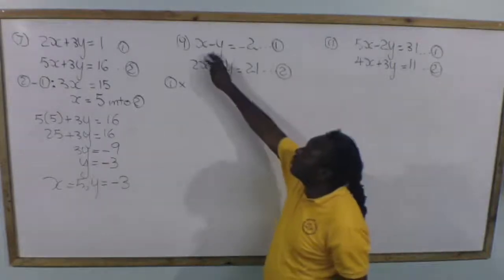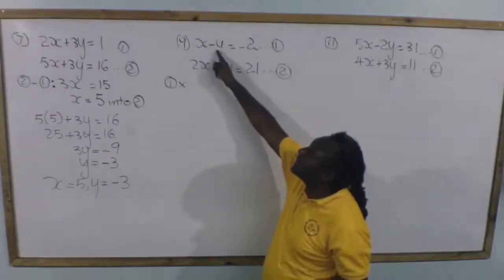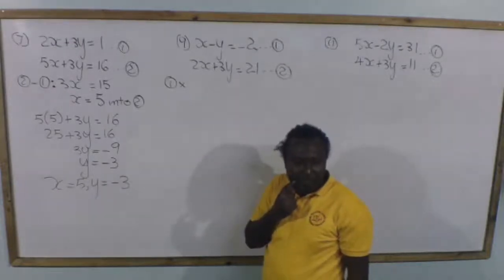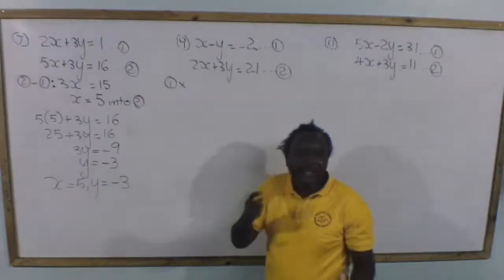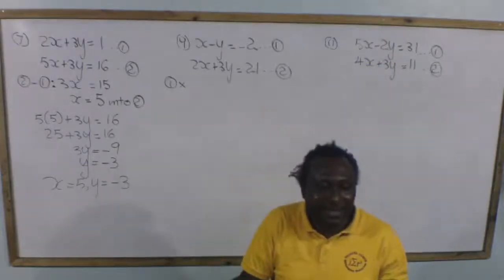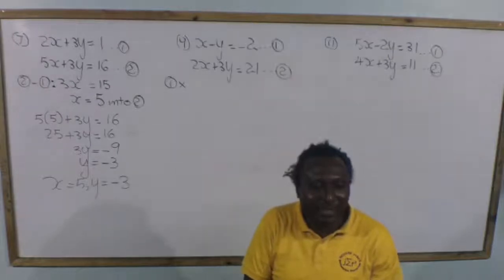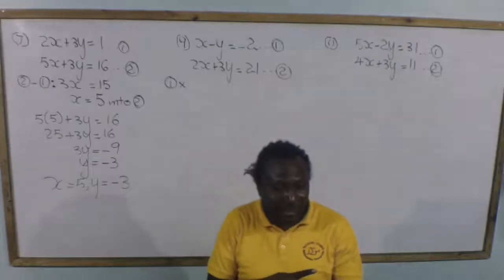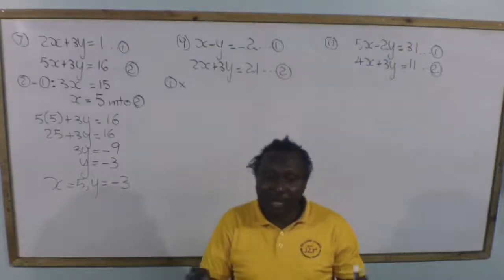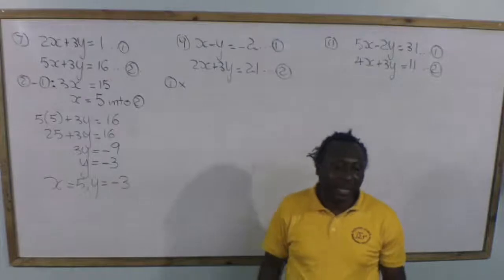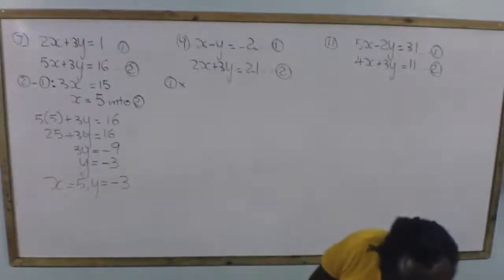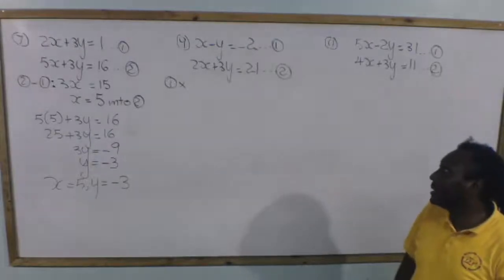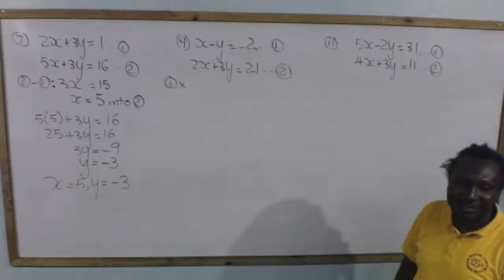Also, when we multiply this by 3, we're going to get a negative 3y here, so these will be eliminated. They are additive inverses. When you get additive inverses, it is easier to use them because they will have a cancelling effect by addition. It's always easier to add than to subtract, especially when you are manipulating positive and negative numbers.